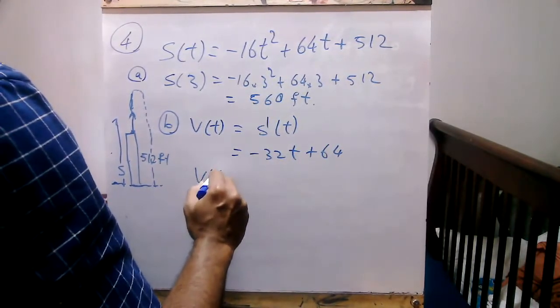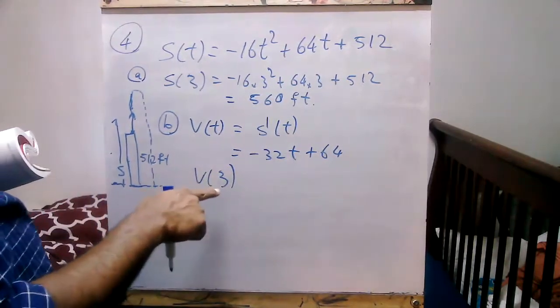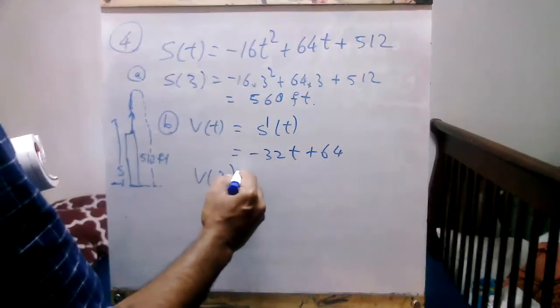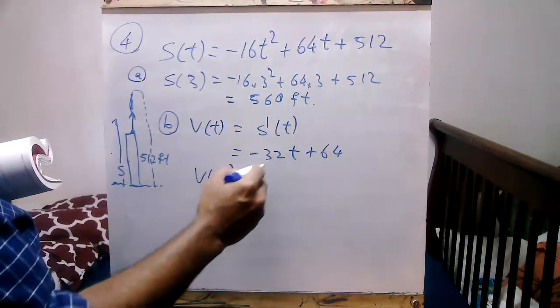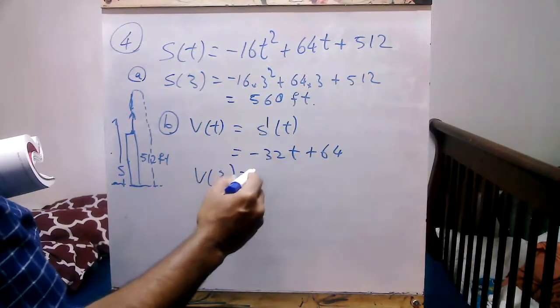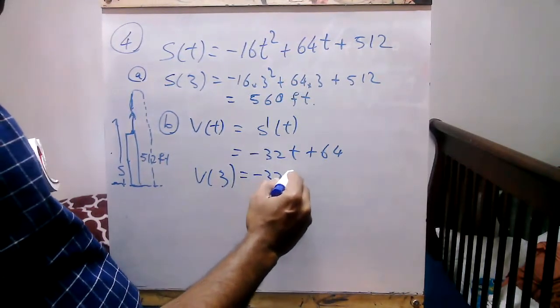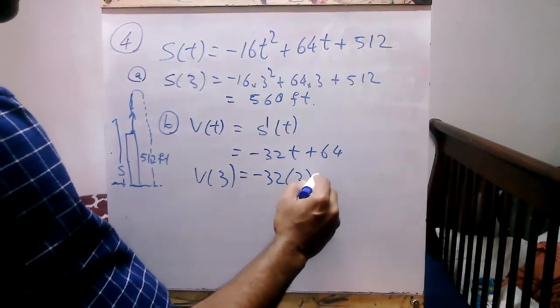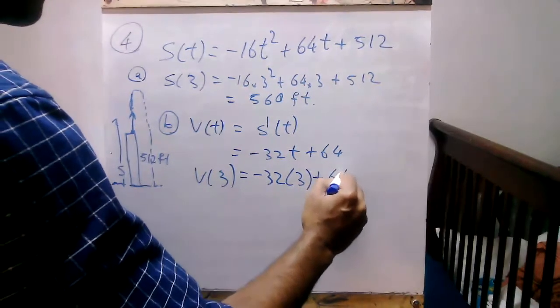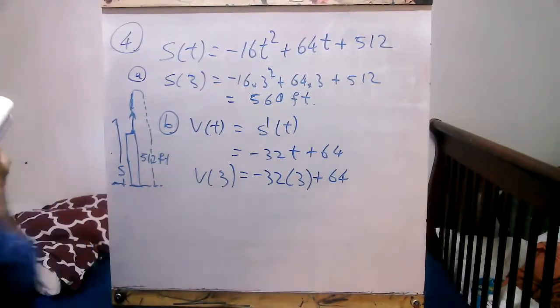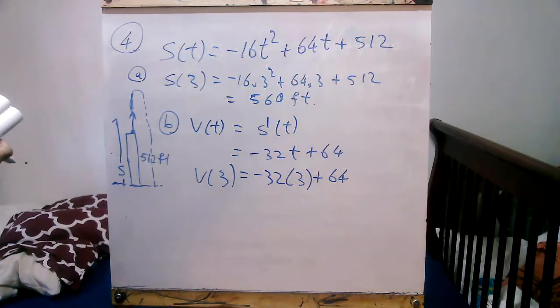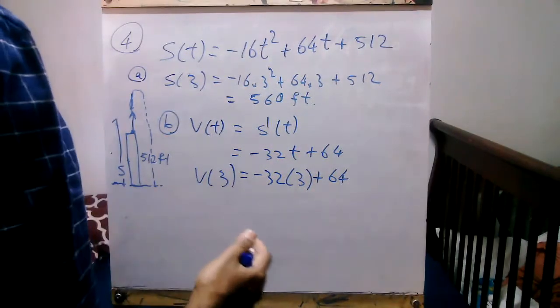For 3 seconds, we substitute 3 in the velocity function equation: negative 32 times 3 plus 64, it is negative 32 feet.